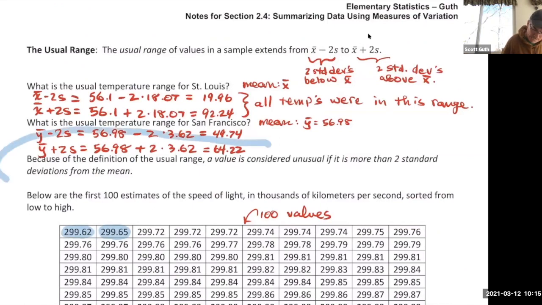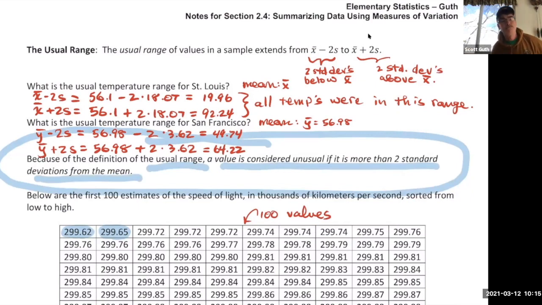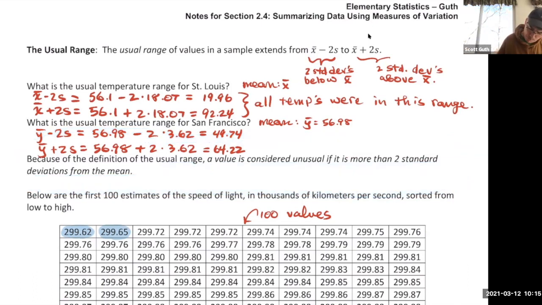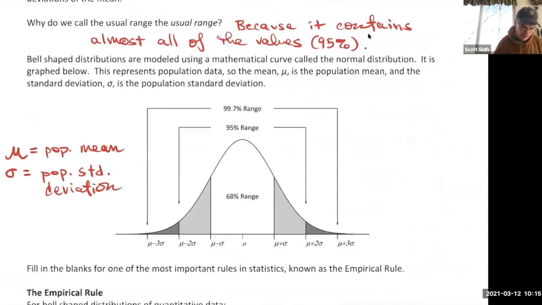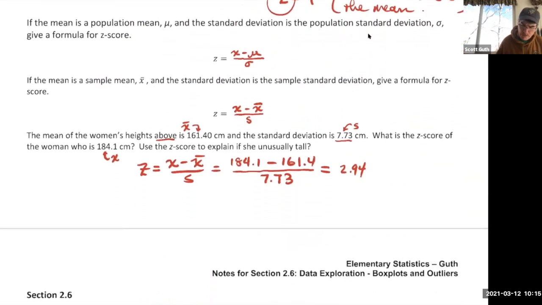So back in the last lesson, there was this statement here. It says, because of the definition of the usual range of values, a value is considered unusual if it's more than 2 standard deviations from the mean. That could be above or below. How would we measure that? With the z-score. The z-score tells you how many standard deviations you are from the mean.